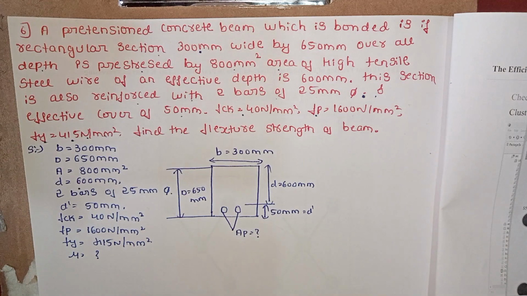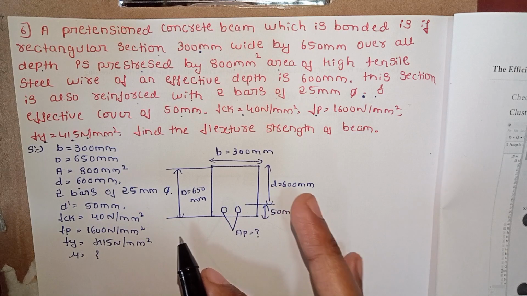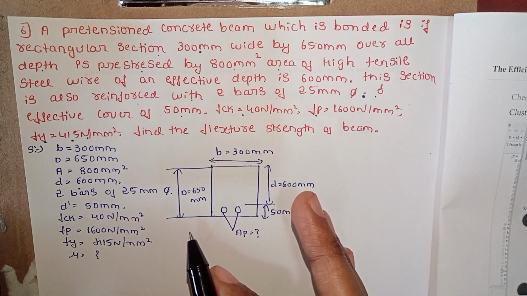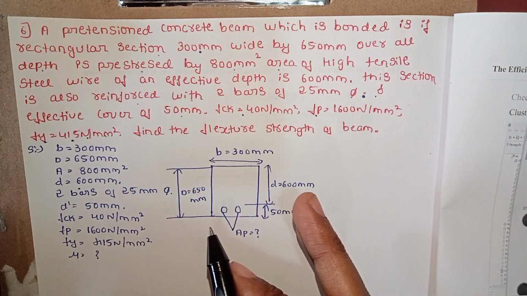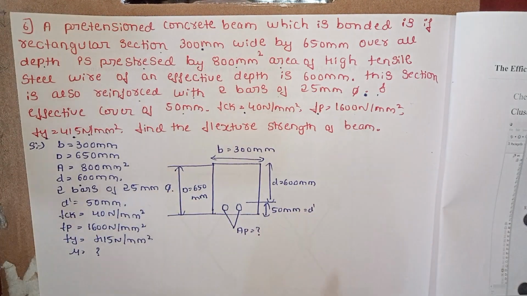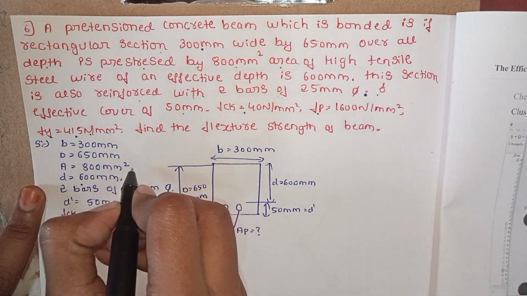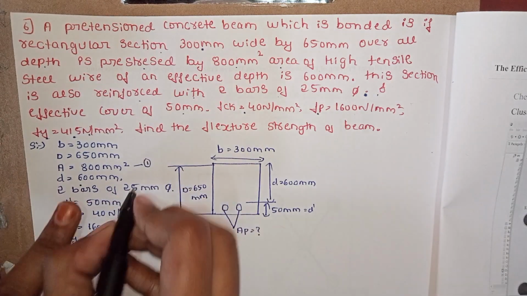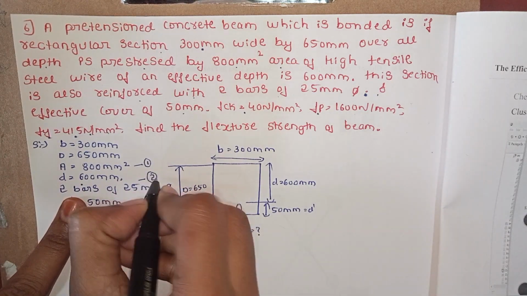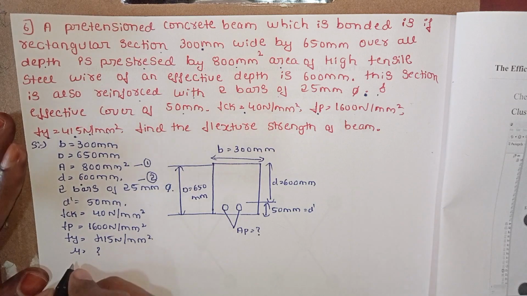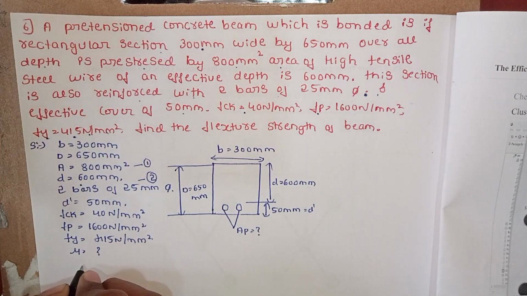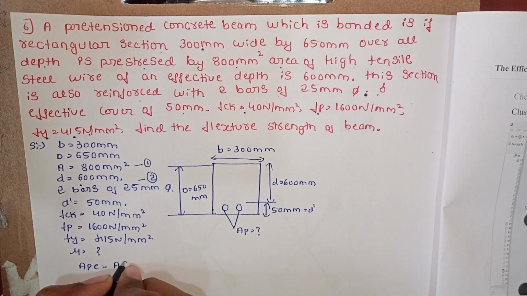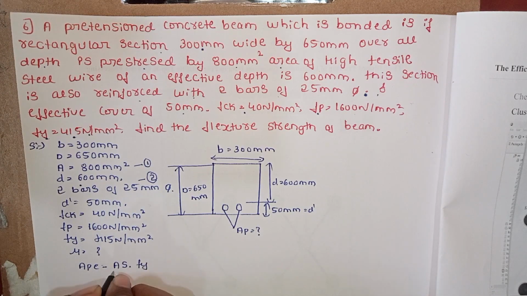In this question they give both the areas. Don't be confused. Add both the areas, then the total area is considered as the Ap value. So this is area number 1, this is area number 2. Now Ap equal to As into fy divided by fp.